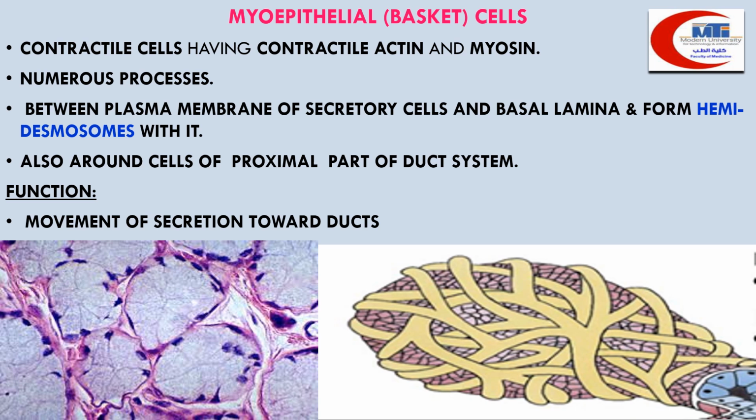Also, they are found around cells of the initial or proximal part of the duct system. They have a contractile function. When the processes contract, they press on acini, facilitating the release of secretory products into the ducts of the glands.